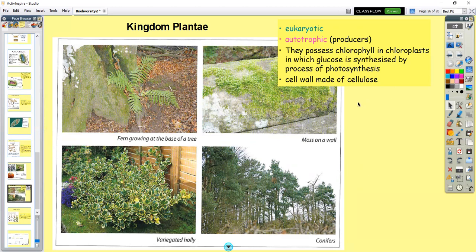They're multicellular, and they possess chlorophyll in their chloroplasts, which allows them to photosynthesize. And they have a cell wall made of cellulose. Examples you can see are ferns, mosses, holly, larger plants, bushes, etc. Conifers, large trees, being examples as well.